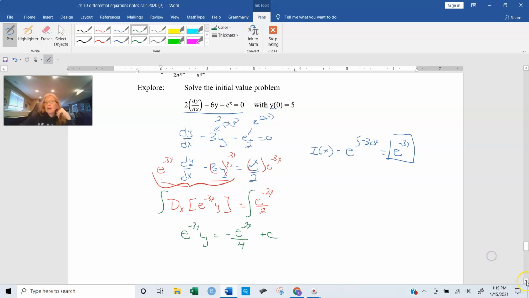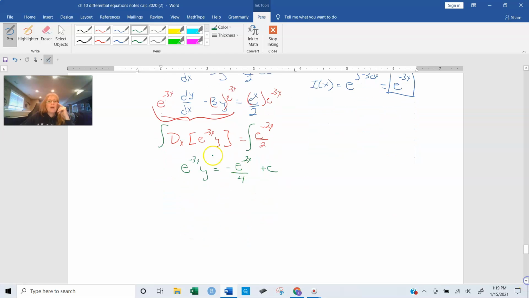Okay, your next step is you've got to solve for y. So now we have, let's change colors here again. Great. We've got y equals, I'm going to put the minus 1/4 out front just to help us out a little bit. So we've got e to the negative 2x in the numerator and e to the negative 3x in the denominator, plus c over e to the negative 3x.